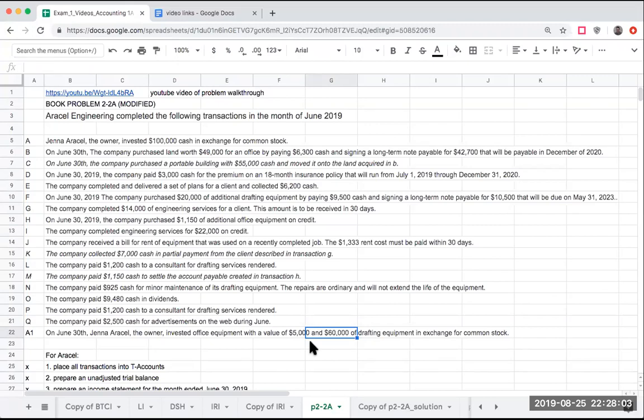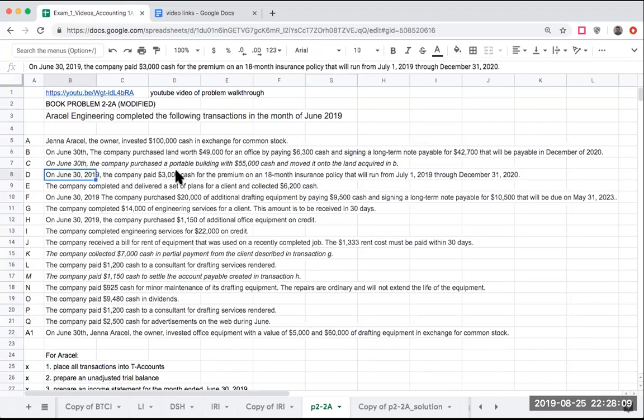The challenge with this book is that there are certain things, like they paid $3,000 cash for the premium of an 18-month insurance policy that will run between these two dates. If you don't specify that it's going to be used in the future, you won't know to debit prepaid insurance and credit cash.